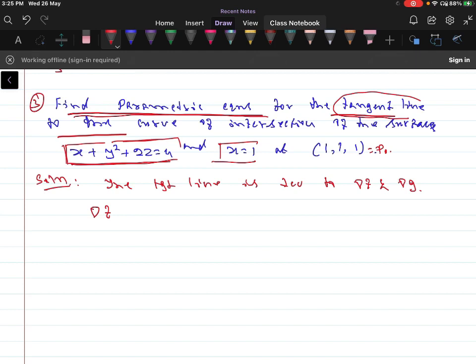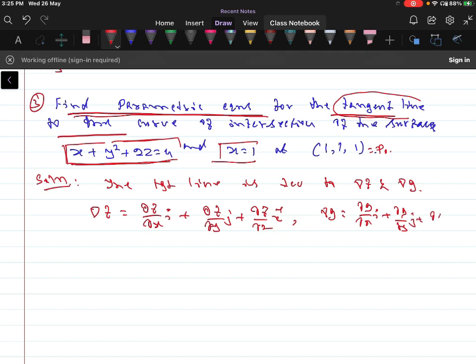The gradient of f can be written as dou f by dou x into i cap plus dou f by dou y into j cap plus dou f by dou z into k cap. Similarly, the gradient of g is equal to dou g by dou x into i cap plus dou g by dou y into j cap plus dou g by dou z into k cap.